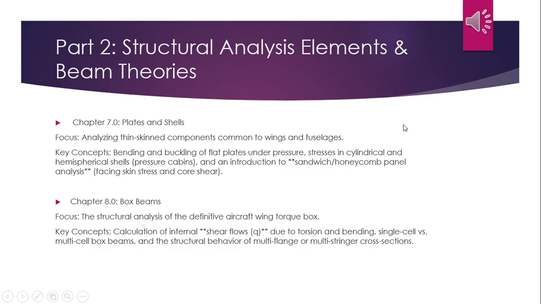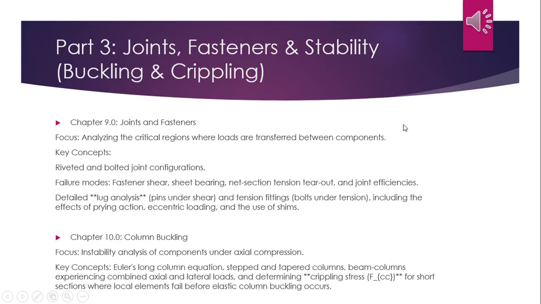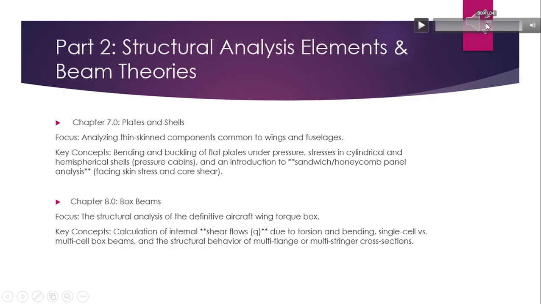We continue with part 2, which is structural analysis elements and beam theories. Chapter 7 is about plates and shells. It focuses on analyzing the thin-skinned components common to wings and fuselages.